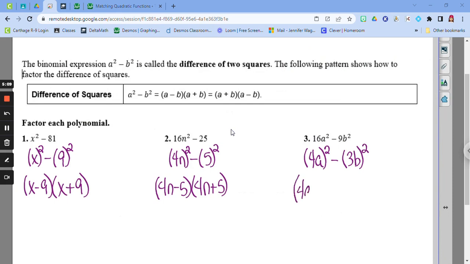So 4a minus 3b, and then the other factor, 4a plus 3b. Again, that table at the top is going to come in handy, using that as a reference. What was the original value before it was squared?